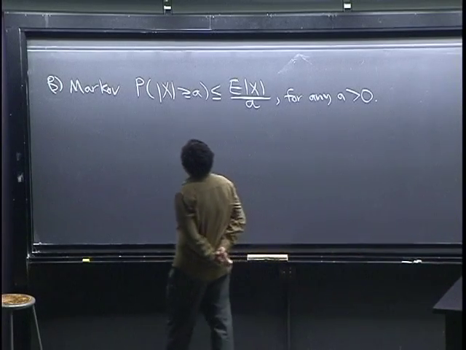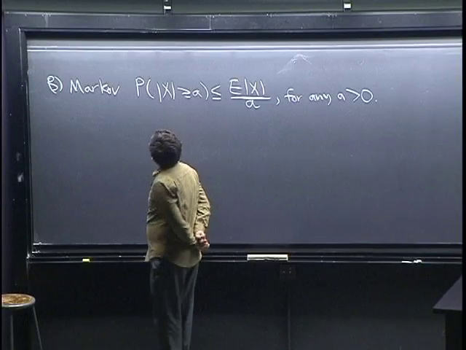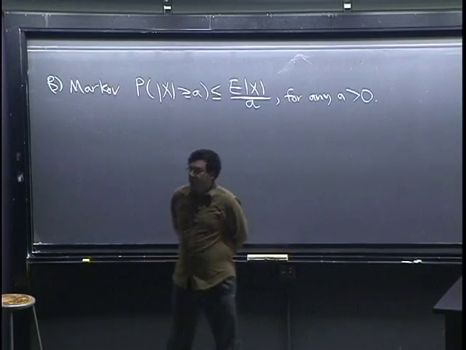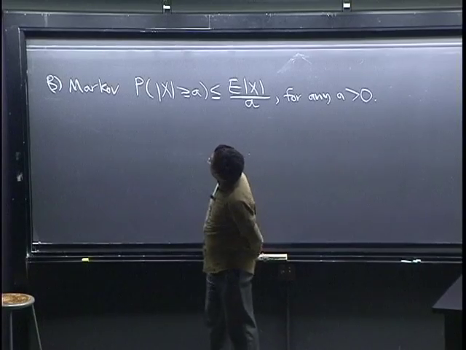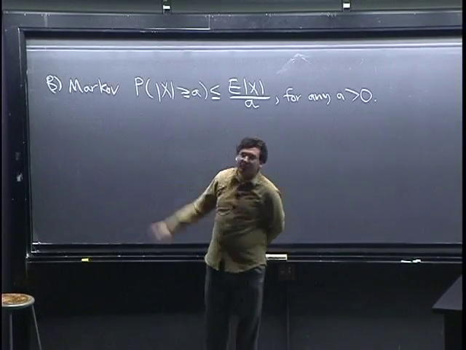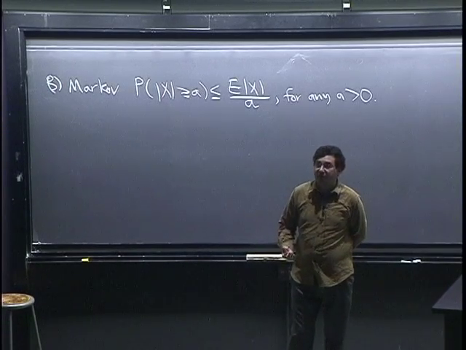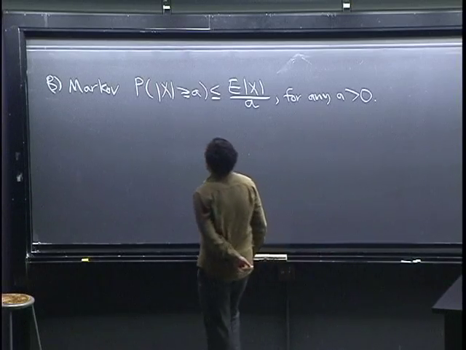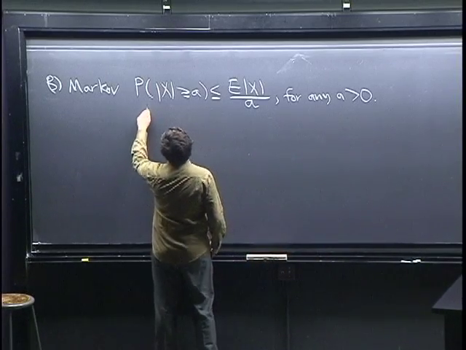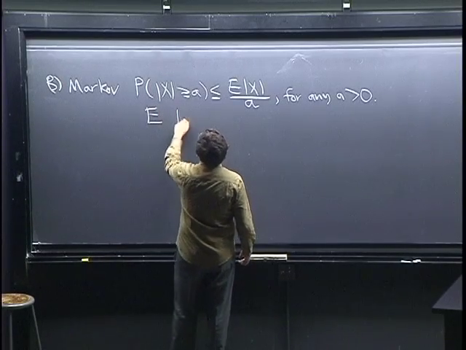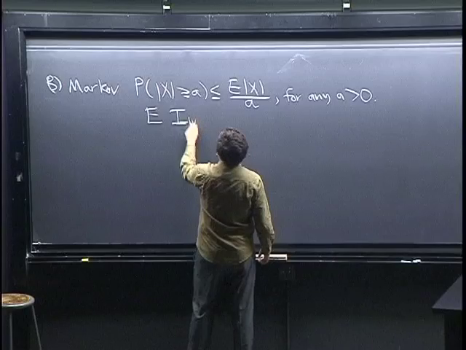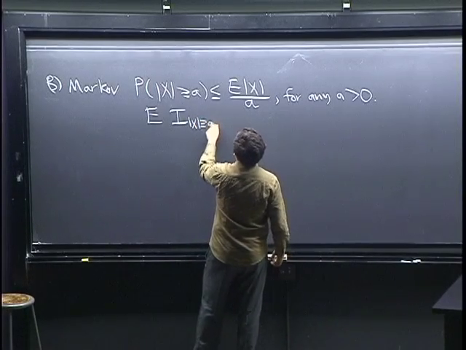So this is a simple, crude inequality, and let's prove it. The proof is basically to use the fundamental bridge, to convert this probability of an event. It's the same as the expected value of the indicator of that event, so that's the same thing as the expected value of the indicator of X greater than or equal to a.